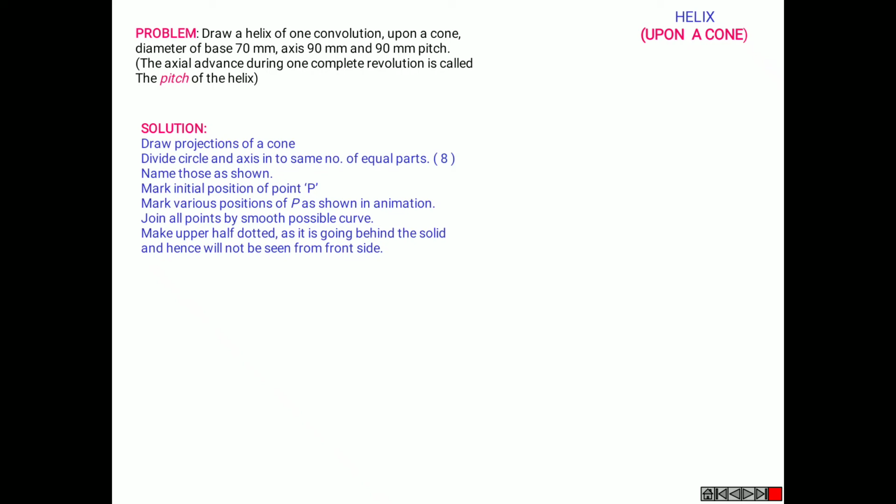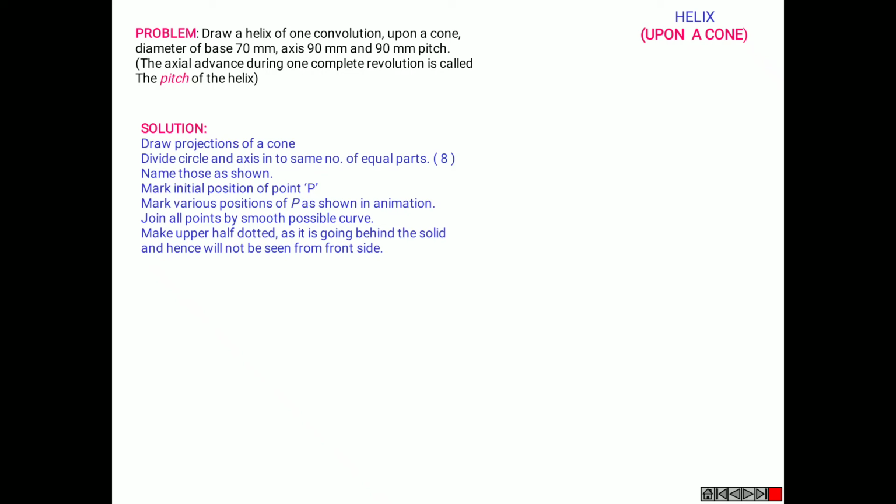Draw projections of a cone. Divide the circle and axis in the same number of equal parts, say 8, and note those as shown, and name them from 1 to 8 in the order of anti-clockwise. Mark initial positions of point P. Mark various positions of P as shown in animation.